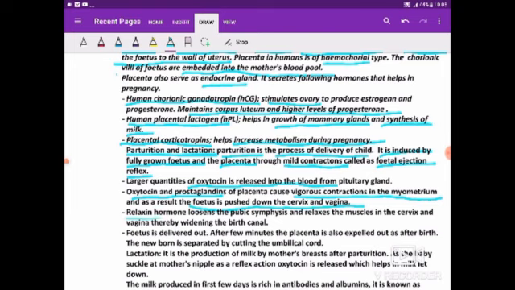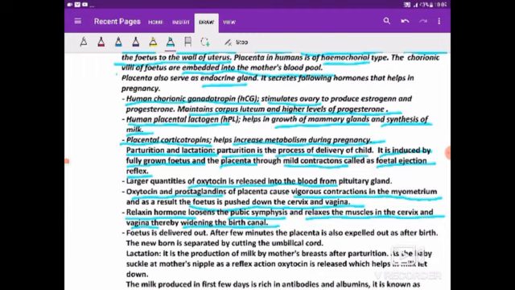Further, the relaxin hormone, which is produced from the corpus luteum of the pregnant woman, loosens the pubic symphysis and relaxes the muscles in the cervix and vagina, thereby making the birth canal wider so that the fetus can pass through.